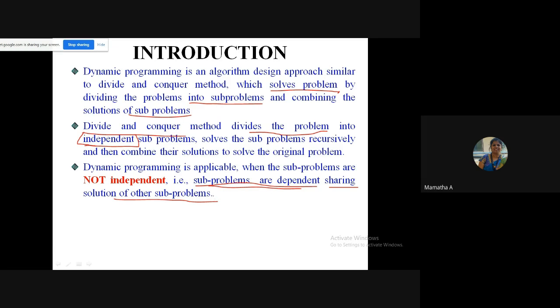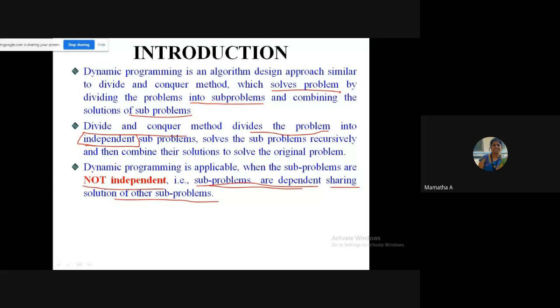That means if I want to solve sub-problem 2, I need the solution of sub-problem 1. To solve sub-problem 3, I may need the solution of sub-problem 2. So they are dependent, not independent. Dynamic programming is applicable only when the sub-problems are dependent. Are you understanding?